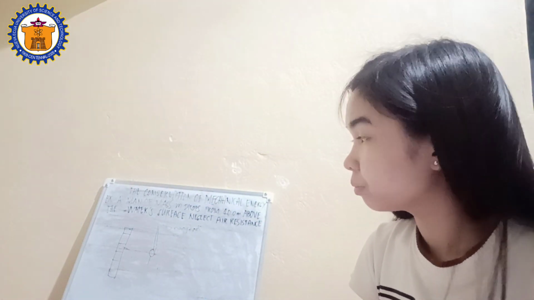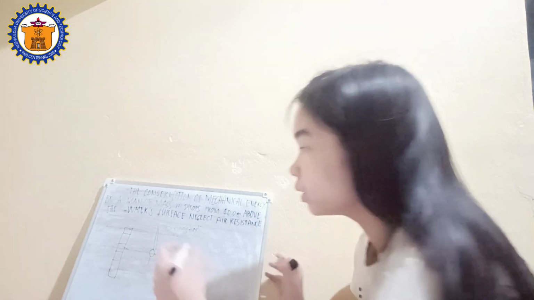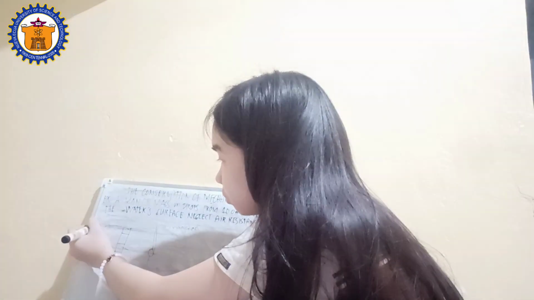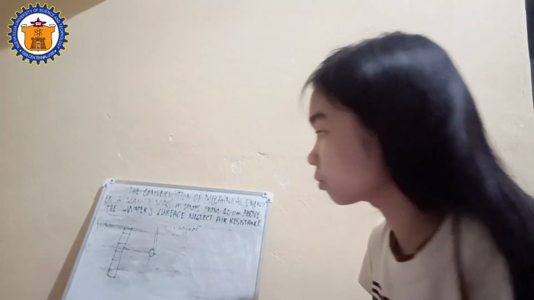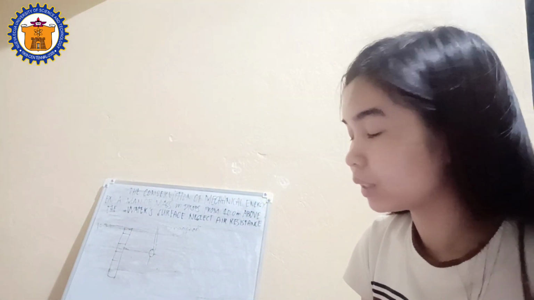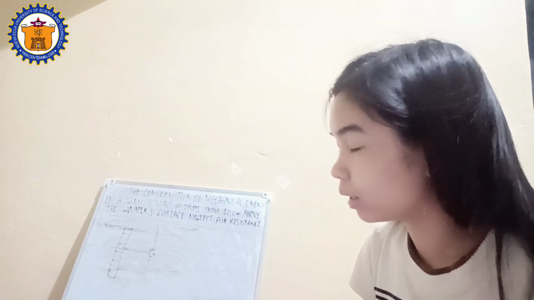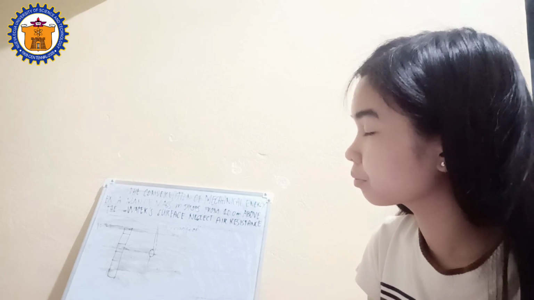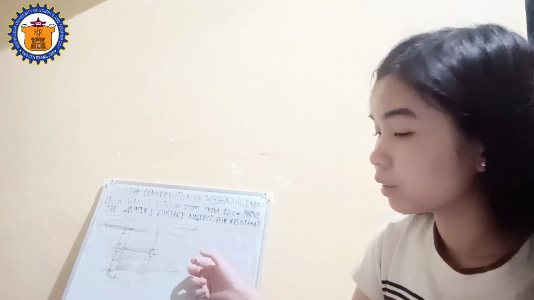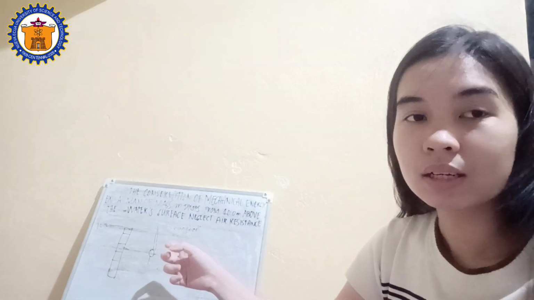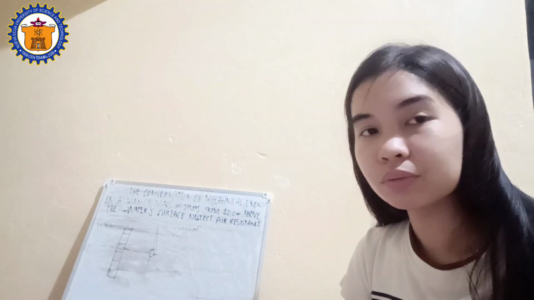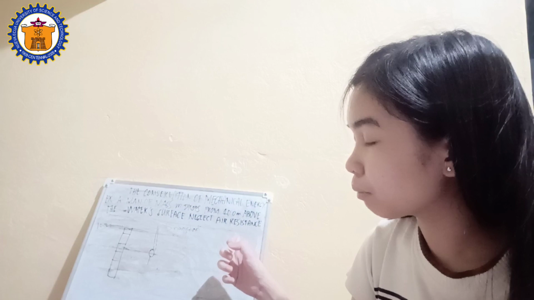So, ang taas nung pinag-dive ba niya is 10 meters habang makikita natin na in this scenario, meron na unknown na kinetic energy since yung velocity na yung hinahanap natin.